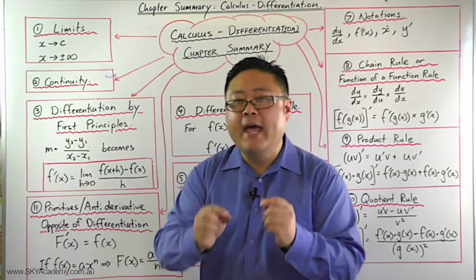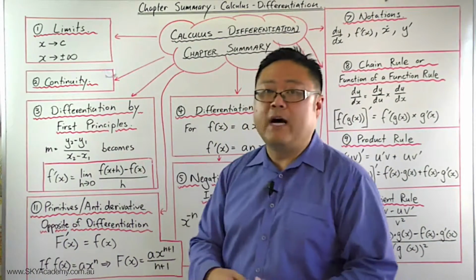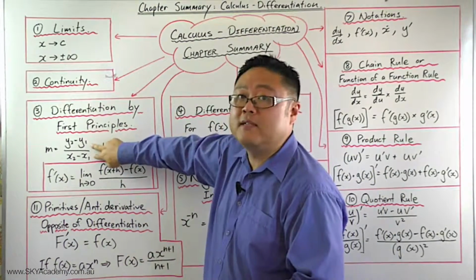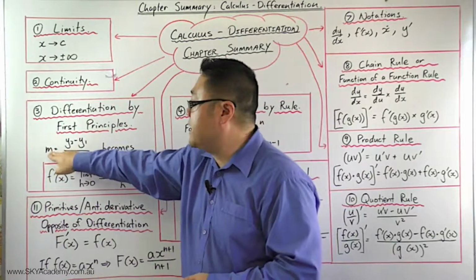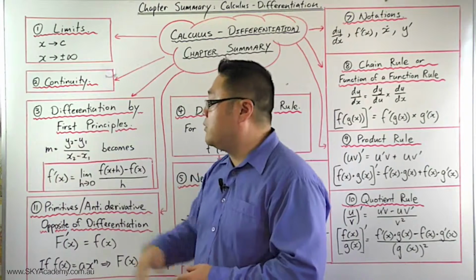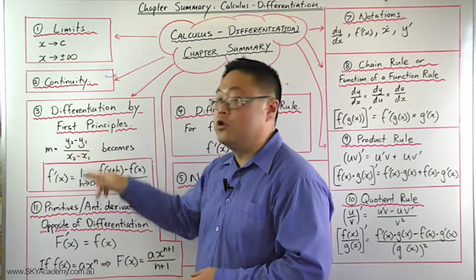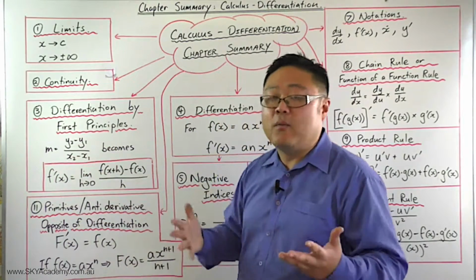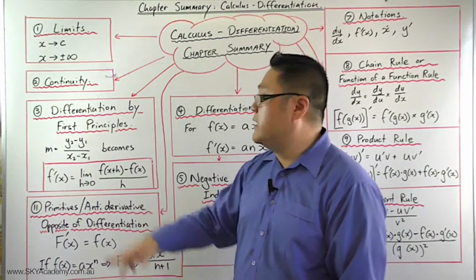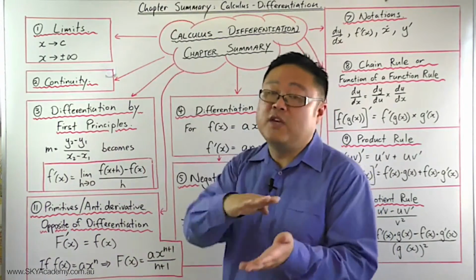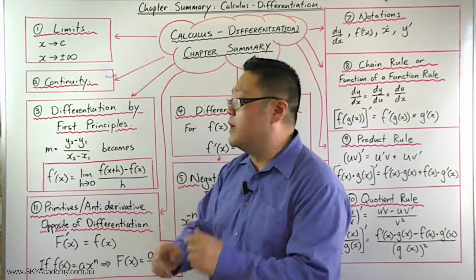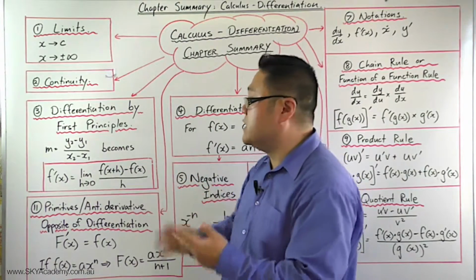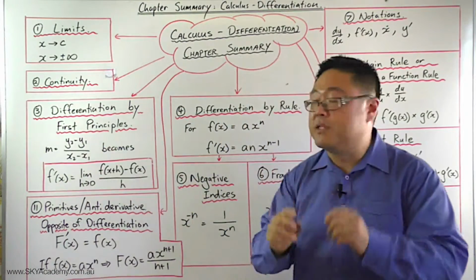We know how to find the gradient of a line, and the gradient between 2 points: m, your gradient, is equal to y2 minus y1 over x2 minus x1. In other words, it's your change in y over your change in x, or rise over run, between 2 points, x1, y1 as your first point and x2, y2 as your second point.